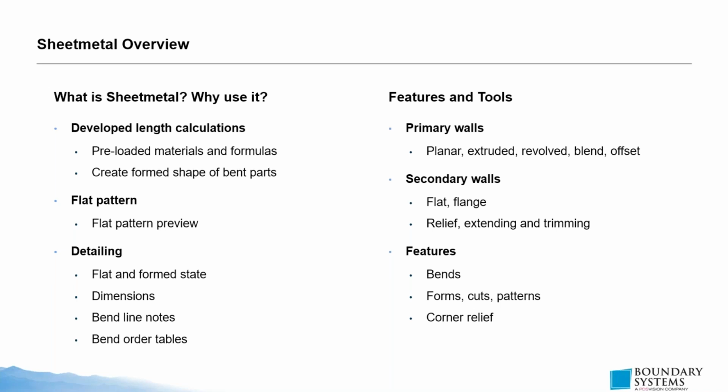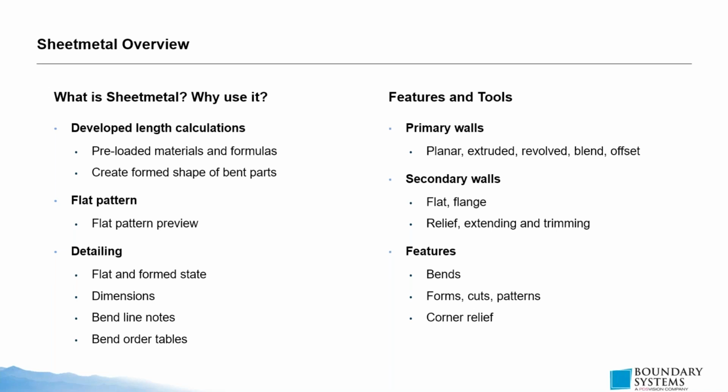You can imagine laying that flat on a table and then performing all sorts of bends while one solid surface of that stays on the table, kind of stays flat. So that's kind of how I like to think of a primary wall. It's essentially a location reference that all of your bends and various operations are going to be in reference to.